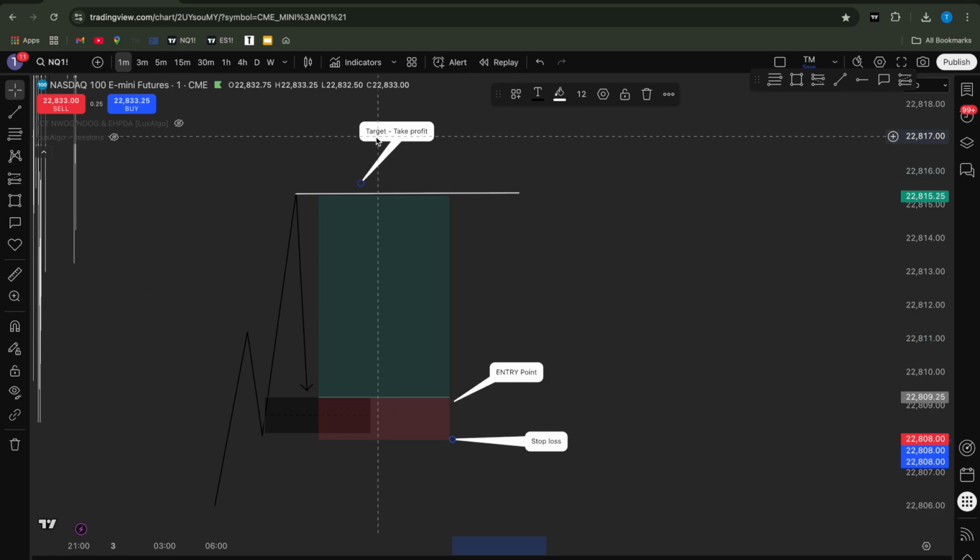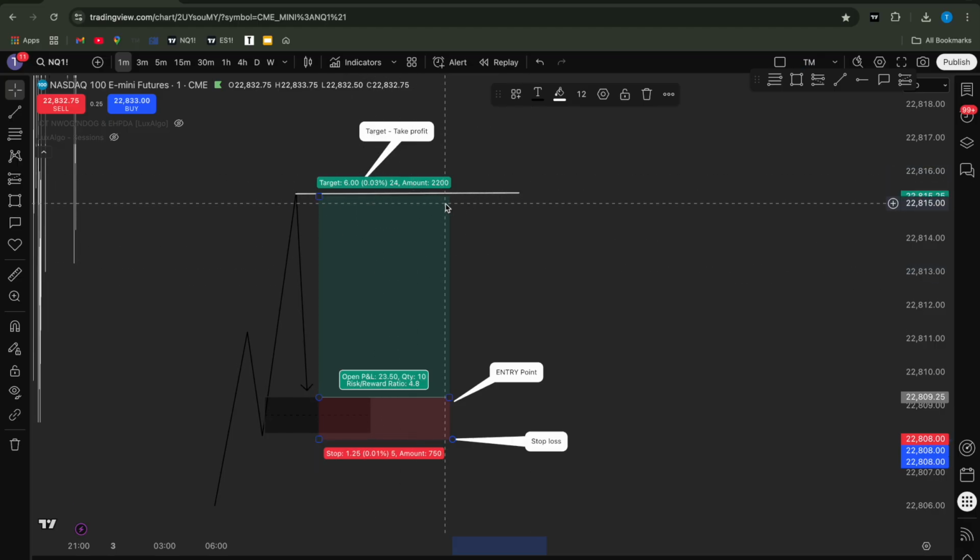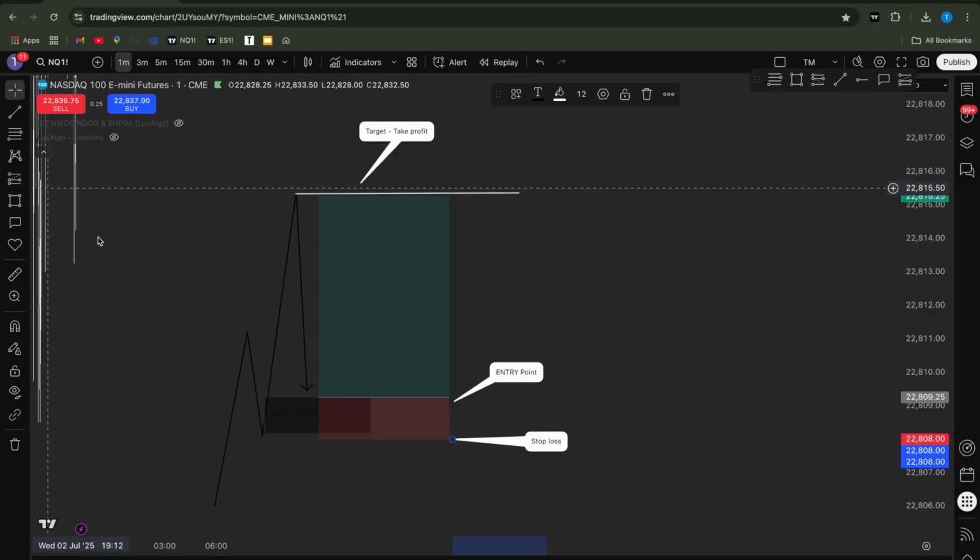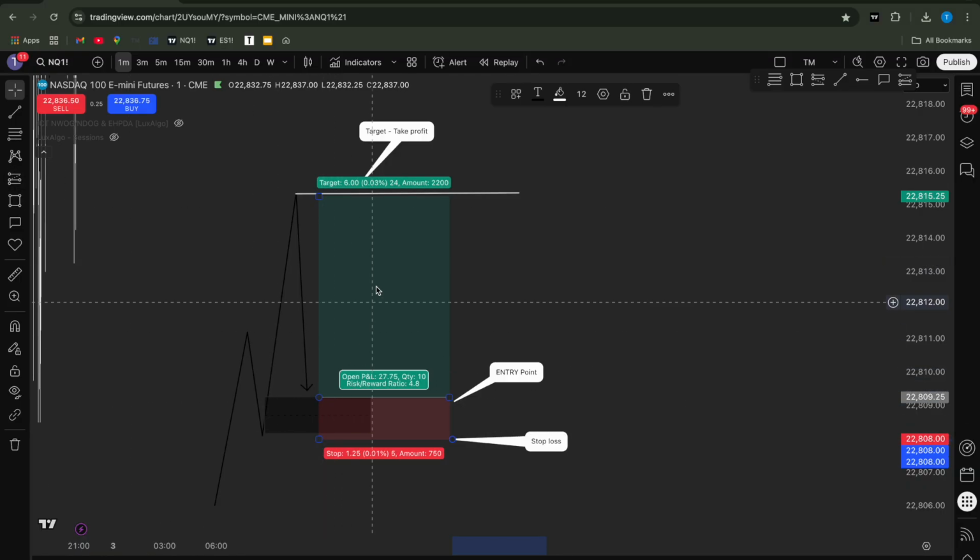So remember, take profit, that's your target, that's where you want price to go to. It automatically takes you out of the trade at a certain point in price, and a stop loss limits your losses when price hits a certain point. So if price goes in my direction, it hits my take profit and I'm automatically taken out of the trade.